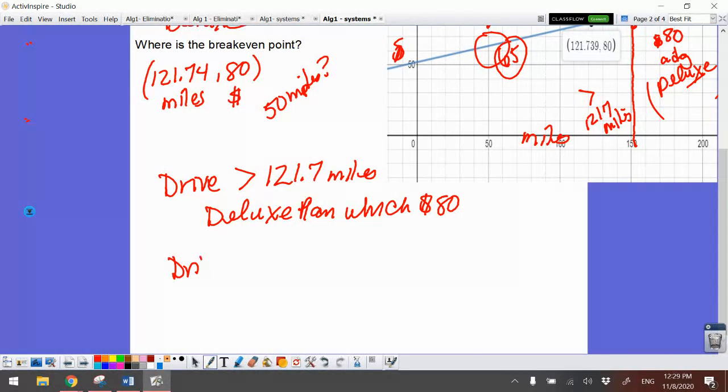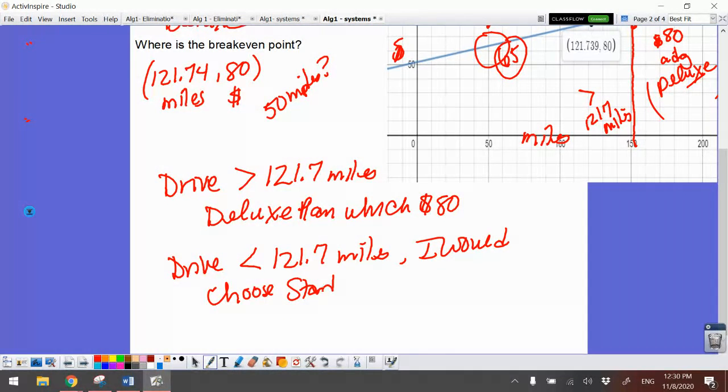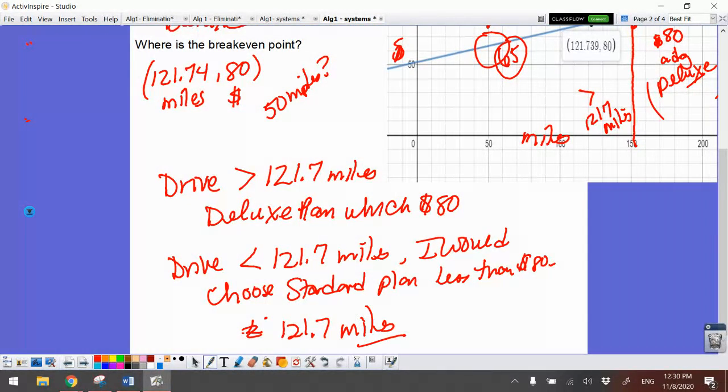If I'm going to drive less than 121.7 miles, I would choose the standard plan, because it would be less than $80. And if I'm going to drive 121.7 miles exactly, I can choose either one because it doesn't matter. They're exactly the same cost at that point.